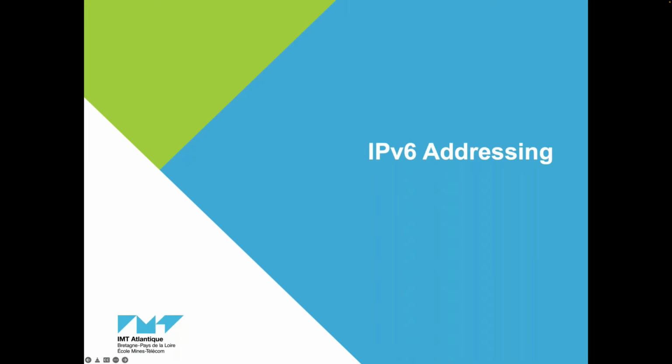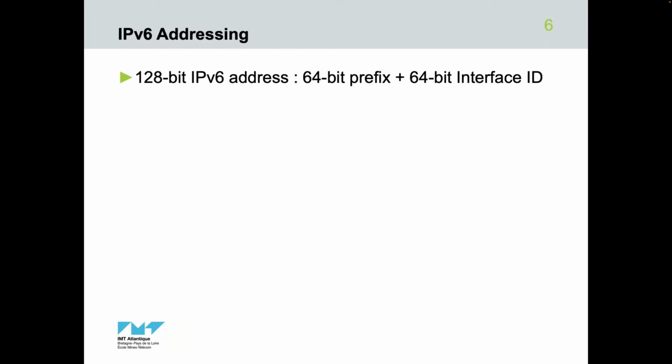As I said before, diving deeper in 6LoWPAN, I will give a quick overview of IPv6 addressing. And as you might already know, an IPv6 address consists of two parts. So we have the 64-bit prefix and an additional 64 interface ID bits.